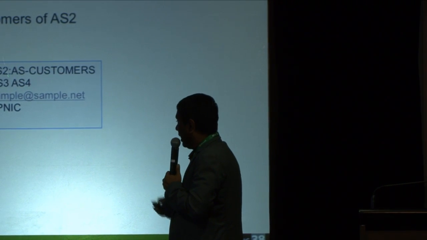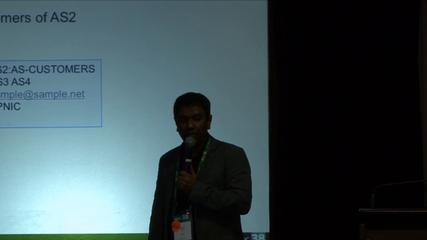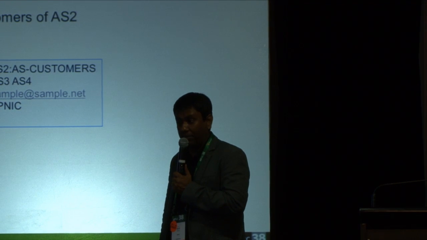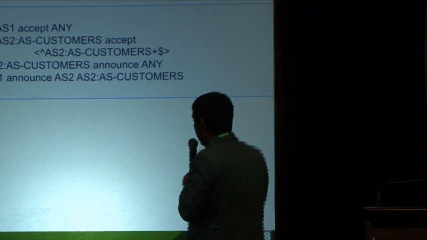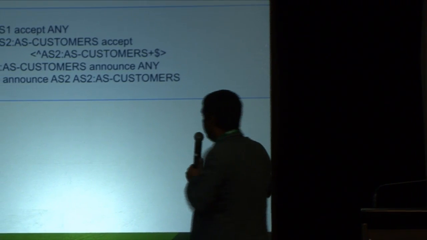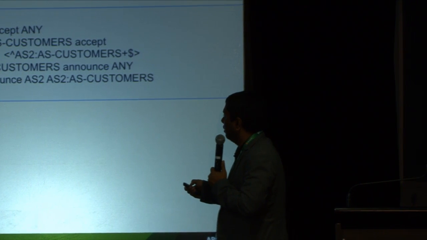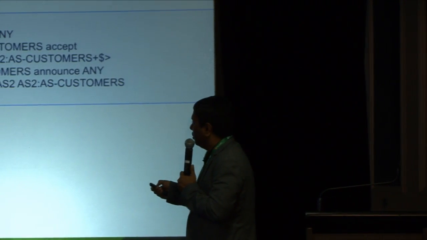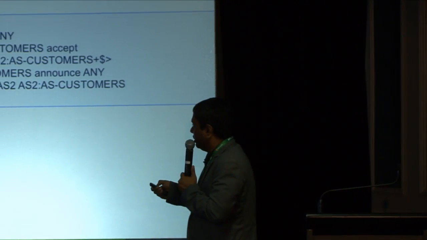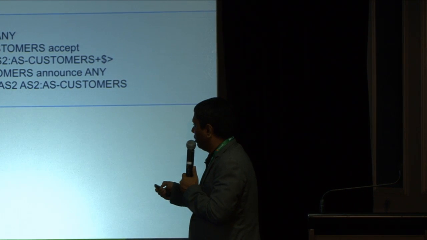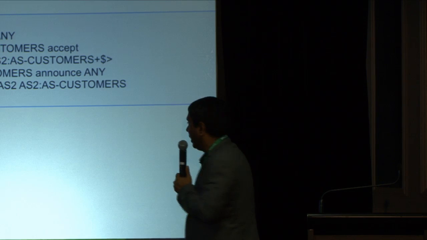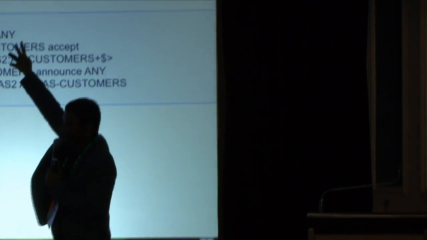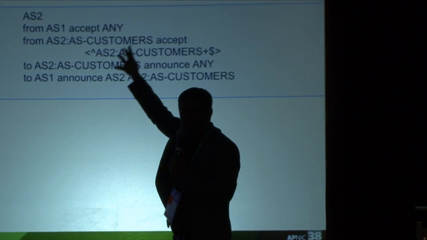And then when your transit operator accepts routes from you, they will accept from AS2 customers, AS2 AS customers. What does it mean? That is the RPSL syntax that you have used in your router.